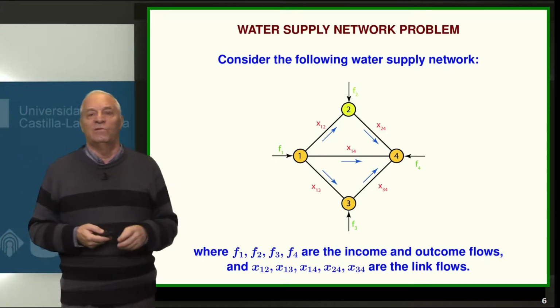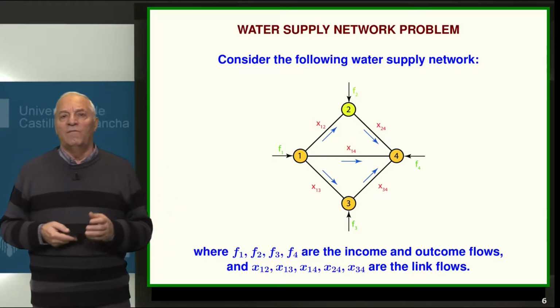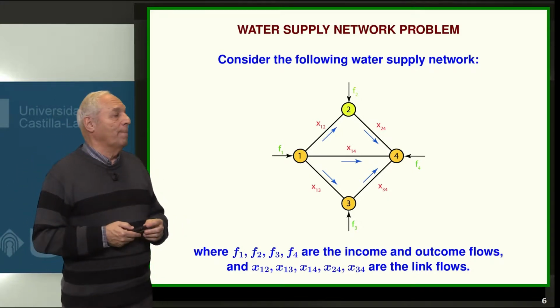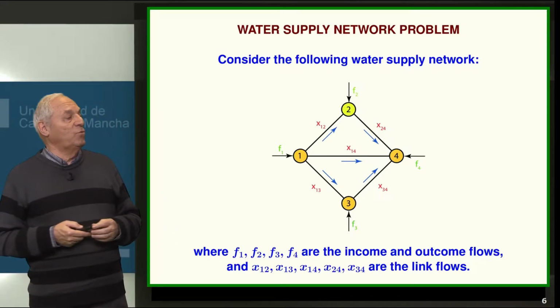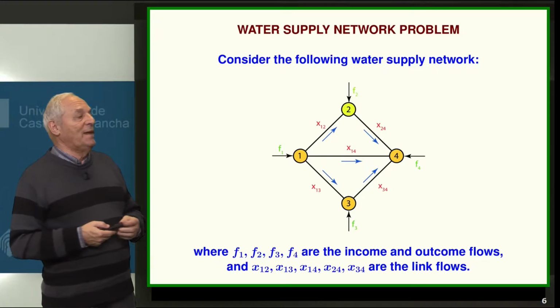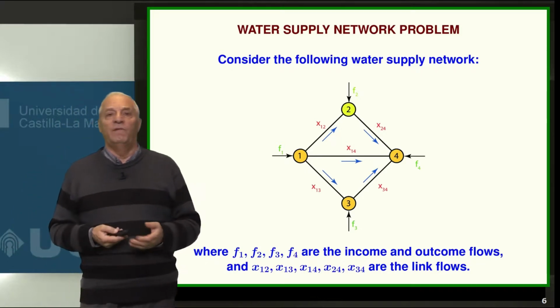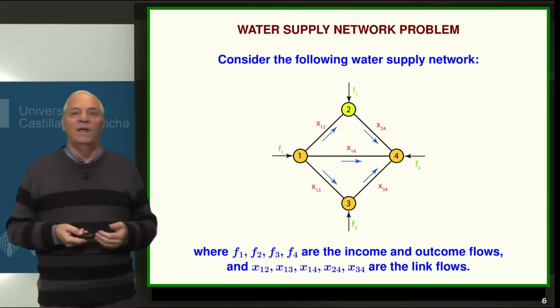Analogously, in each pipeline we are going to suppose that water circulates in the directions given by the arrows. We should not worry about its meaning, because if at the end the water circulates in the contrary direction, what will happen is that a minus sign will appear, which will change it, and nothing more.